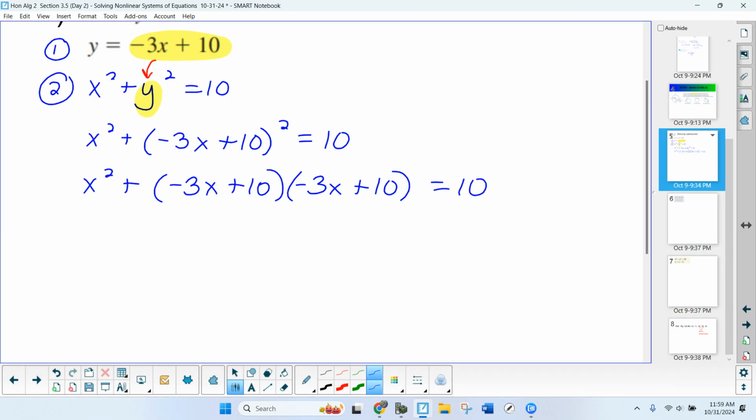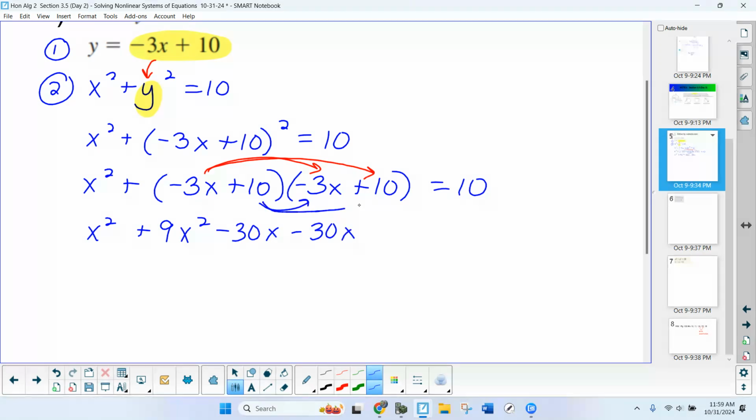I'm just going to bring this first x squared down. When you foil, what do you get here? 9x squared. What do you get here? Negative 30x. And here? Negative 30x. And here? 100, plus 100 equals 10.